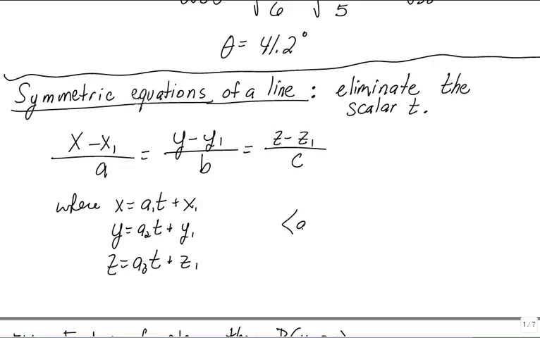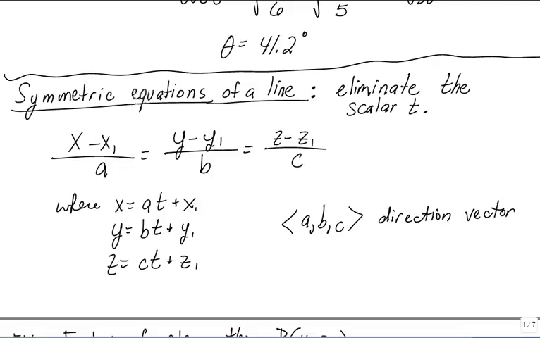We can use A1, A2, but I didn't use that up there, so I need to use A, B, C. We call ABC the direction vector of the line. So it kind of gives the direction of the line.